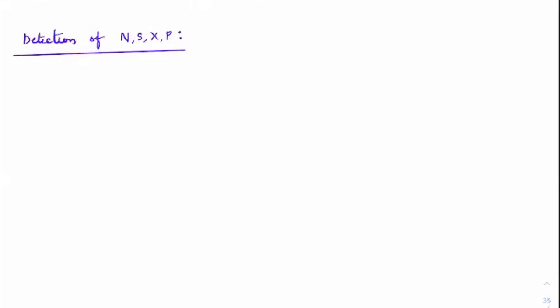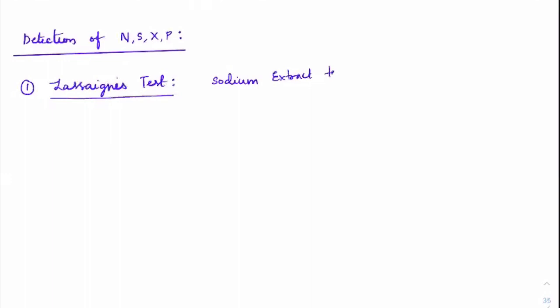To understand whether there is a presence of nitrogen, sulfur, halide, or phosphorus, we do a very interesting test known as Lassaigne's test. Lassaigne's test is also known as the sodium extract test. You can find n number of videos on YouTube about how to make the sodium extract.